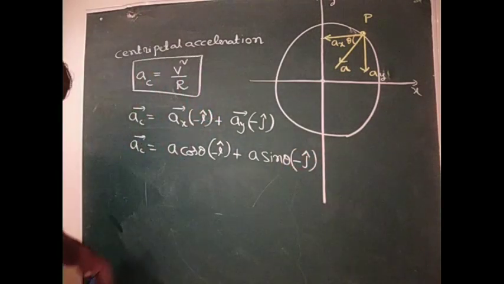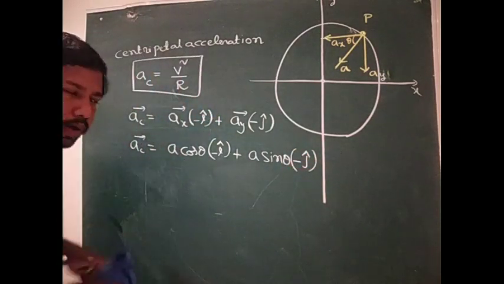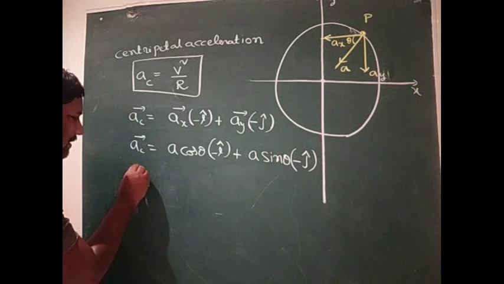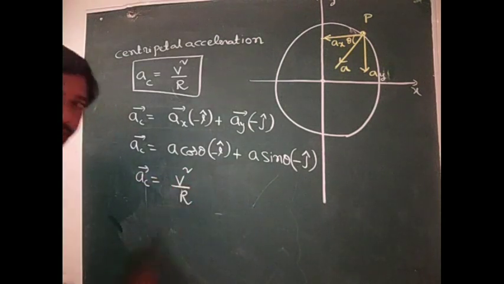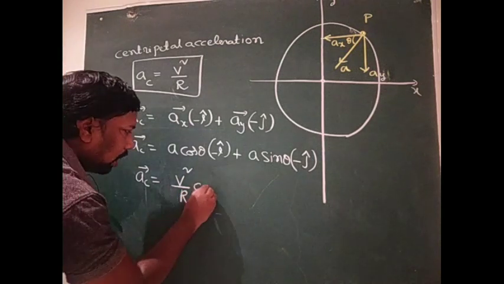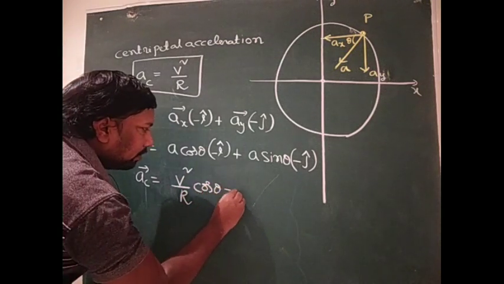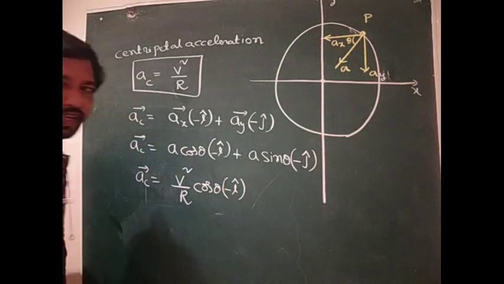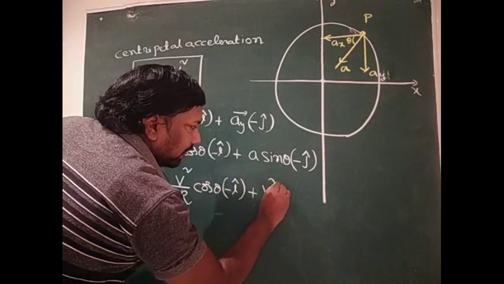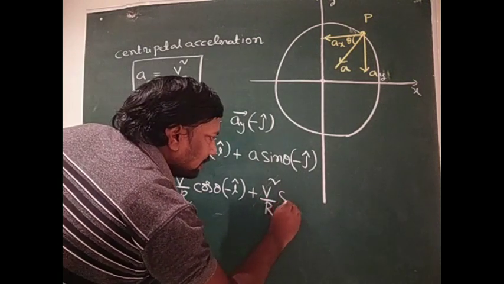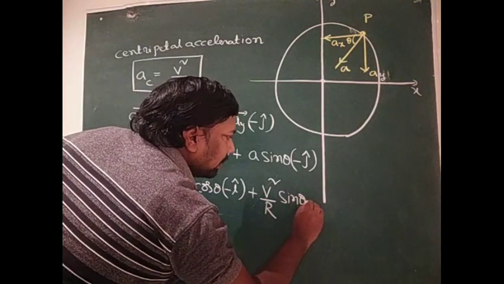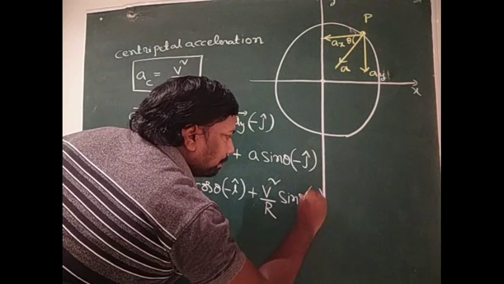We know that A is V square by R. Therefore AC bar equals V square by R cos theta into minus i cap, plus V square by R sin theta into minus j cap.